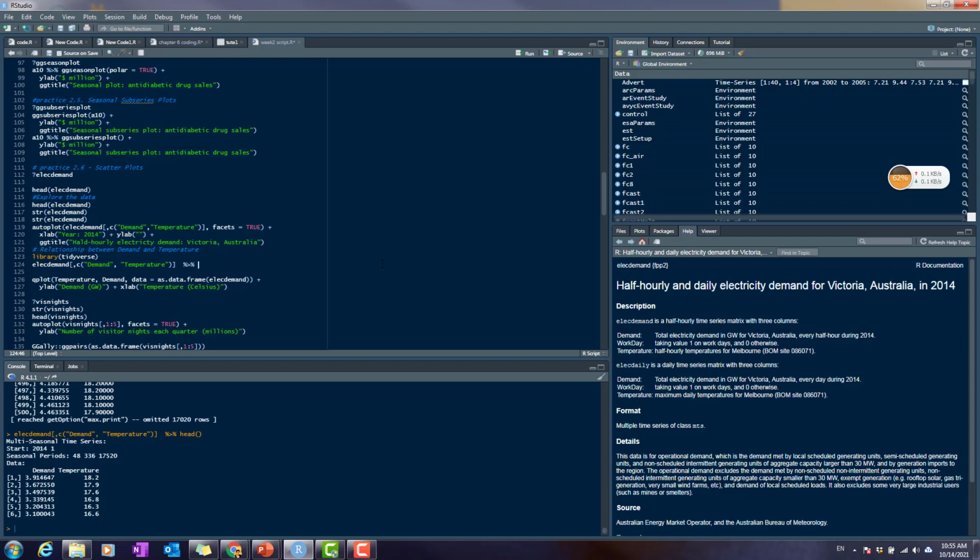Now let's continue and put in the autoplot function. I will do everything in layers to make you understand the purpose behind it.